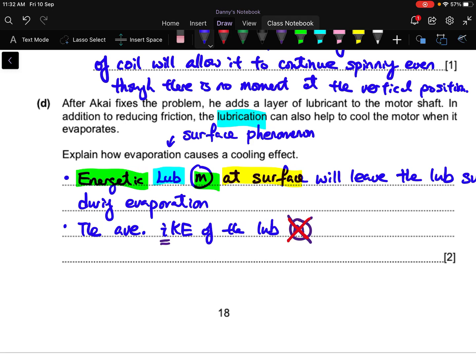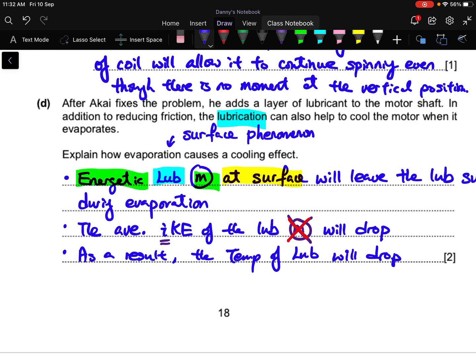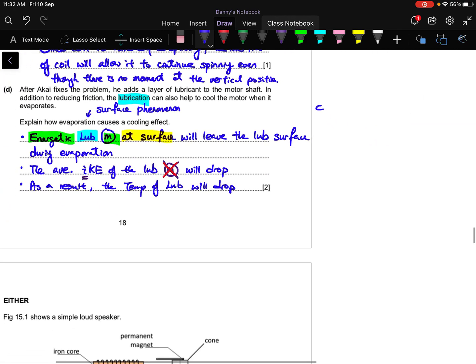There's nothing more internal when you bring it to the molecular level. And we all know that the average internal kinetic energy relates to the temperature. So as a result, the temperature of the lubricant will drop.